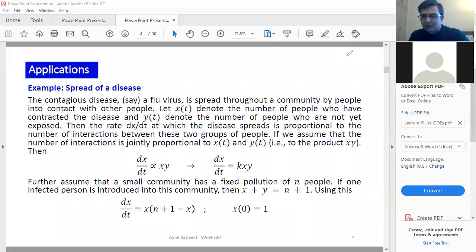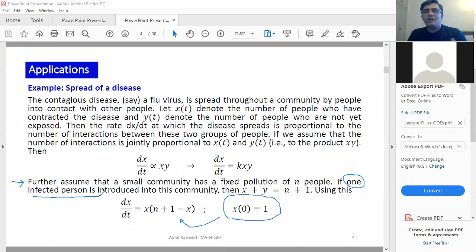There is a question: why the condition x is equal to 0? Why do we put this condition along with this differential equation? I have explained earlier that we have assumed here a small community has a fixed population of n people. What we do here is introduce one infected person in that community.